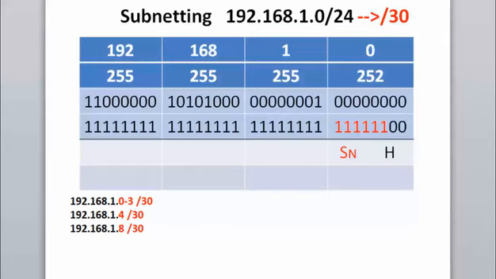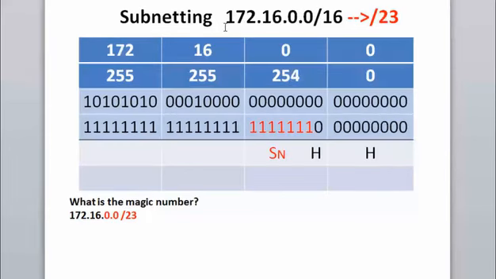You might ask yourself, will this technique, the magic number technique of looking at the place value of the last one in the subnet mask, work in other subnetted octets? In other words, if we're starting from a class B /16 network address or a /8 class A network address, would this technique work? And it does. For instance, if we take a 172.16.0.0 network /16, you can see in this scenario I've subnetted it to a /23 subnet mask.